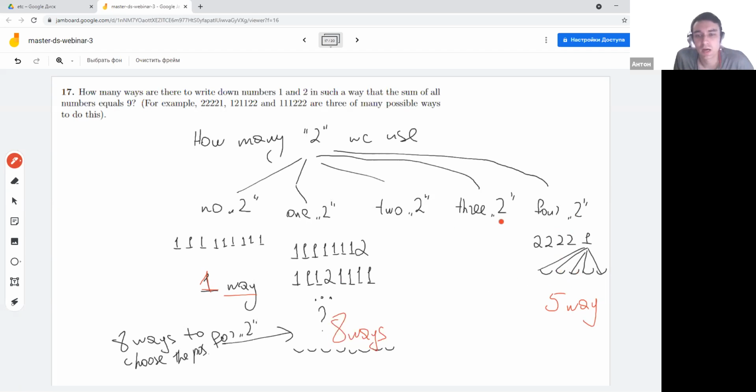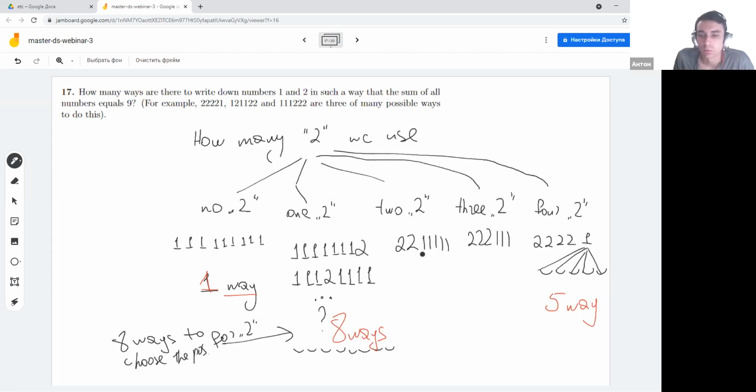It is a little bit harder with these two options. If we have two 2s, then we have 7 positions. And if we have three 2s, then we have 6 positions.